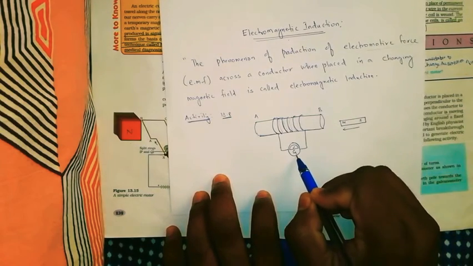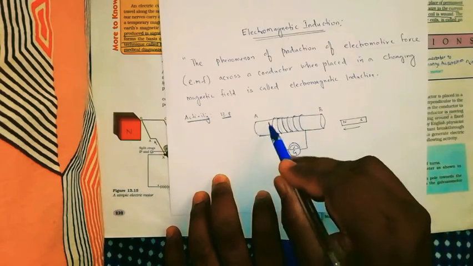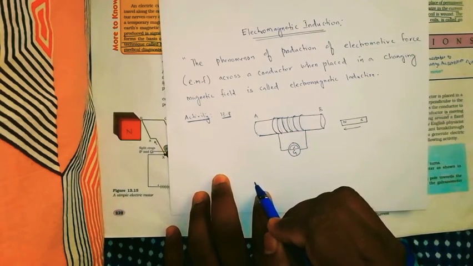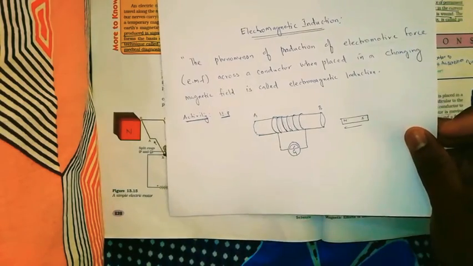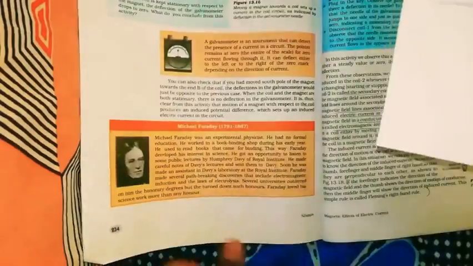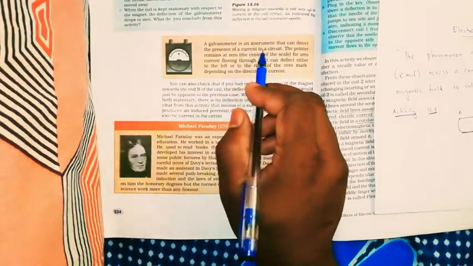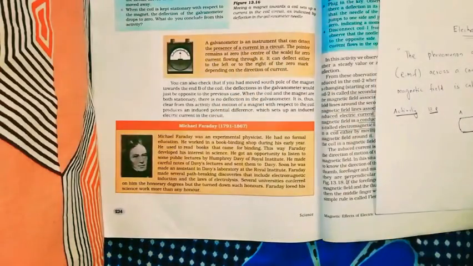It is used to find whether this area has current or not. That is the reason we are using a galvanometer. It is given in your book also, page number 234. A galvanometer is an instrument that can detect the presence of current in a circuit.